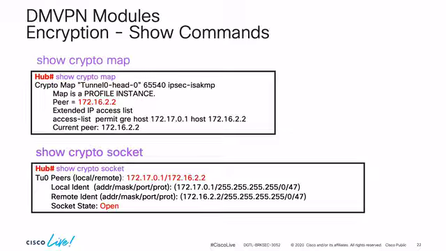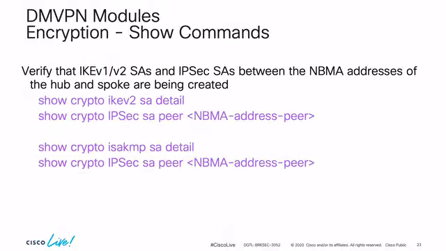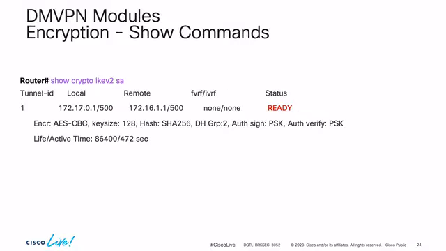Moving on, the other show commands available are very similar to what we would have with a regular IPsec based VPN. This is show crypto ikev2 sa and show crypto ipsec sa, or in case you're using IKEv1, it would be show crypto isakmp sa detail and show crypto ipsec sa peer. So how does the output of these commands look?